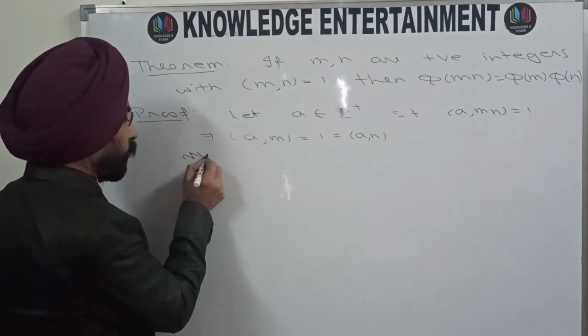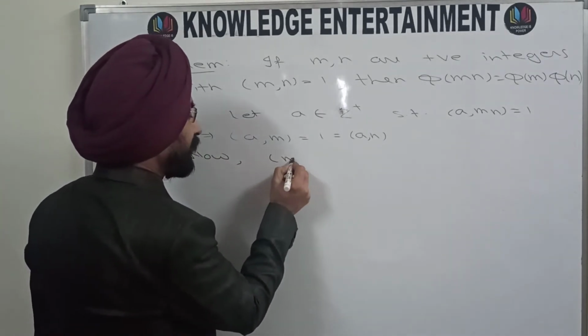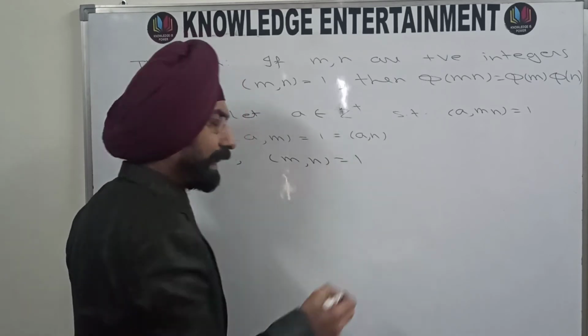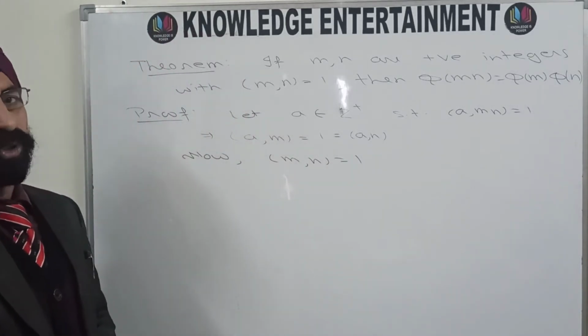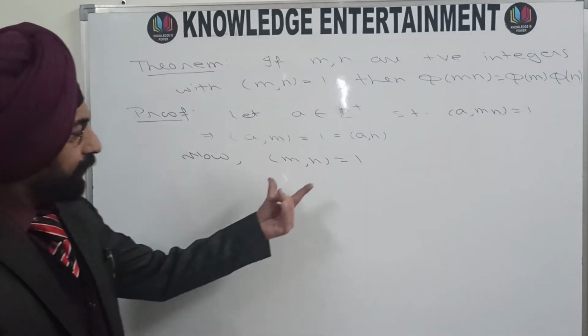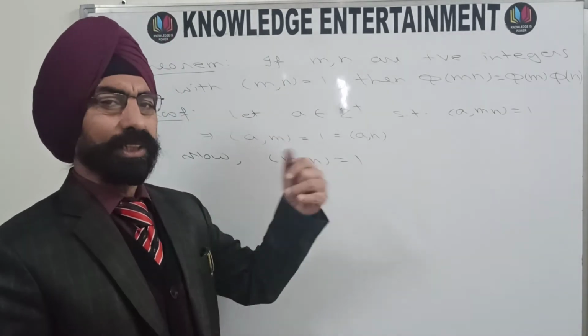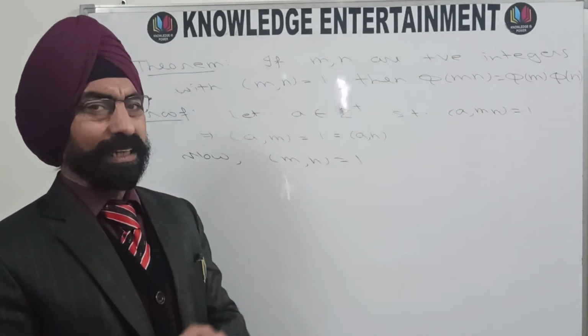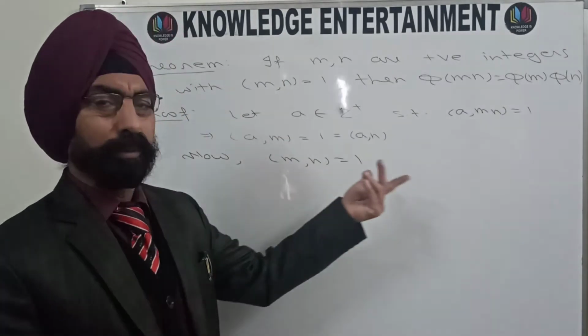Now, what about the GCD of m and n? It is already given that it is 1. And we know that if two integers are co-prime to each other, then definitely there will be a linear combination of these two which will be equal to 1.